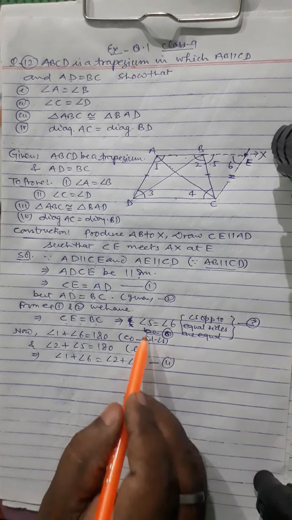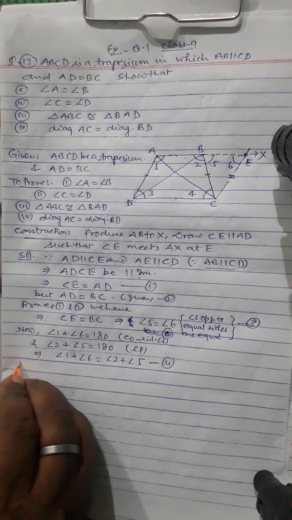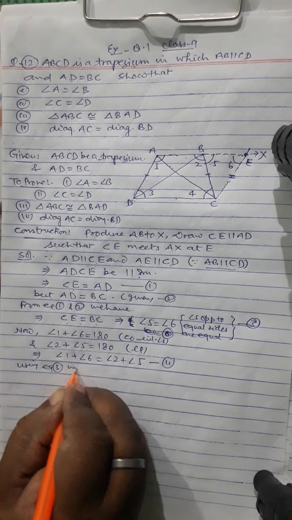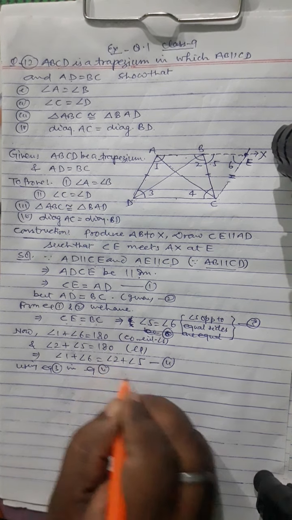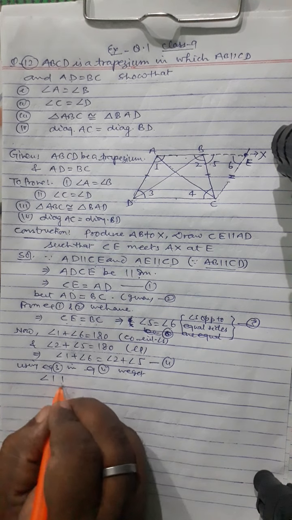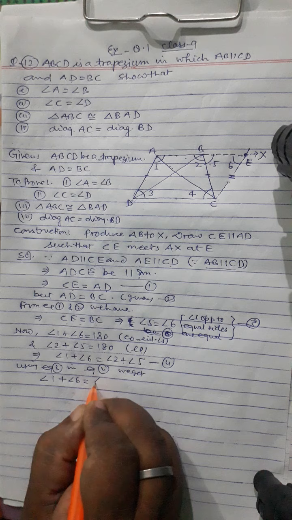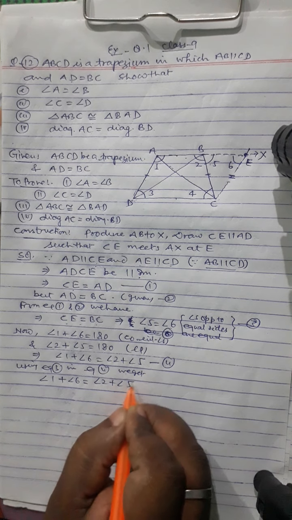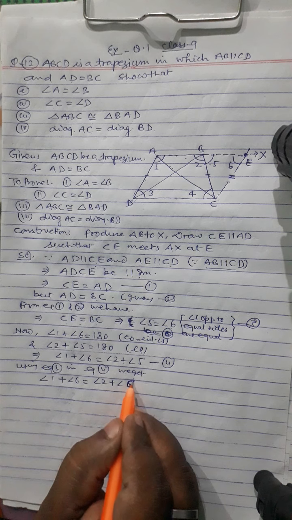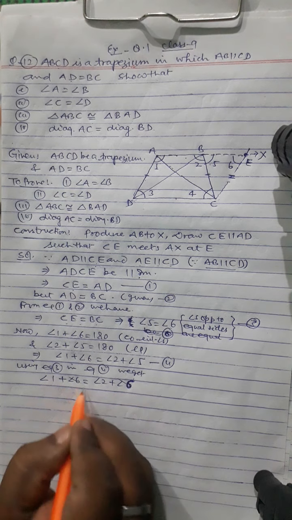So using equation 3 in equation 4, we get angle 1 plus angle 6 is equal to angle 2 plus angle 5. Now angle 5 is equal to angle 6, so cancel this 6 with this 6.